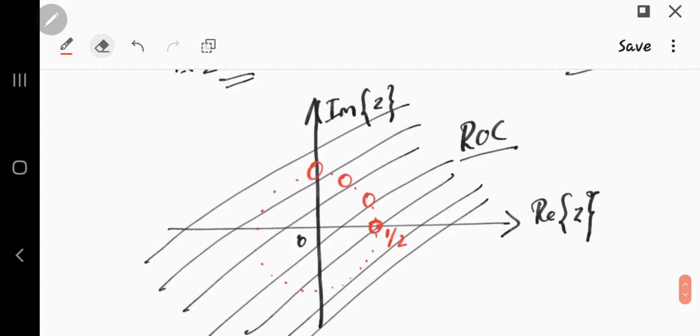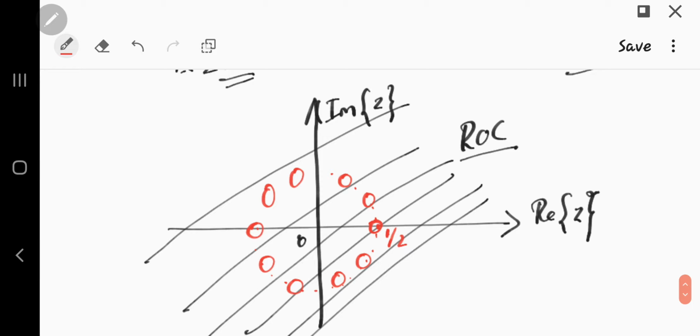This is 1 2 3 4 5 6 7 8 9 10. So all these zeros are located at a distance 1 by 2 from the origin.